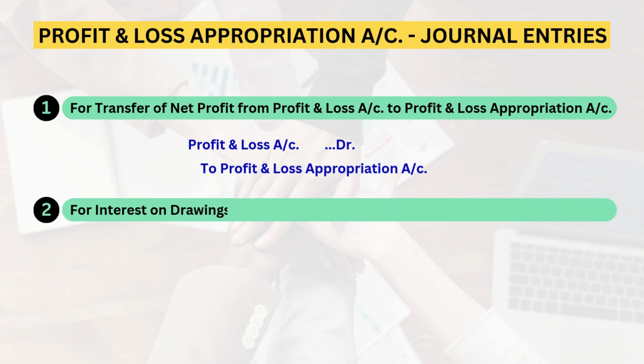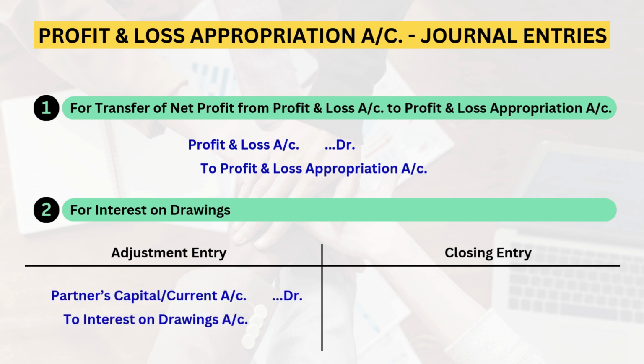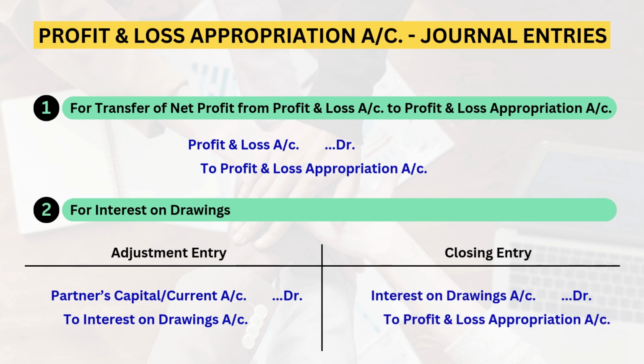For interest on drawings, there will be two entries, one for adjustment, that is for the transaction, and another for closing, that is to transfer the amount into profit and loss appropriation account. So adjustment entry will be partners capital or current account debit to interest on drawings account, and closing entry will be interest on drawings account debit to profit and loss appropriation account.